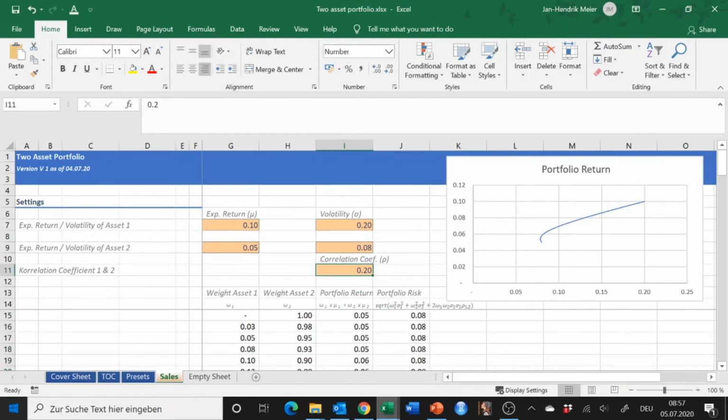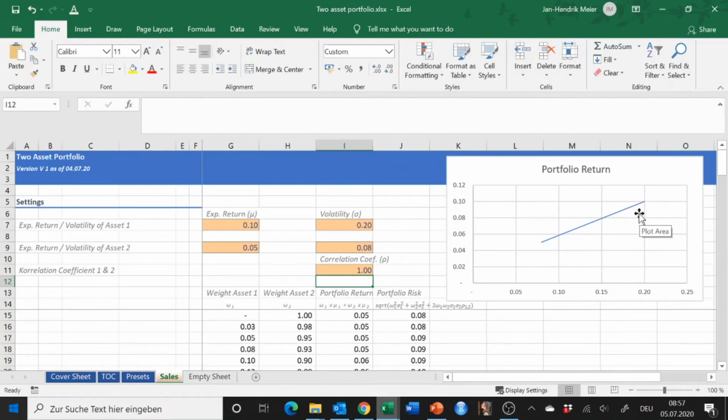And now the correlation coefficient plays a crucial role here. If those two assets were perfectly correlated, so they have a correlation coefficient of 1, we see a linear relationship, since it does not make any difference if we invest in 1 or 2. Of course, the one has less risk than the other, but if asset number 1 goes down, the other one is going down too.